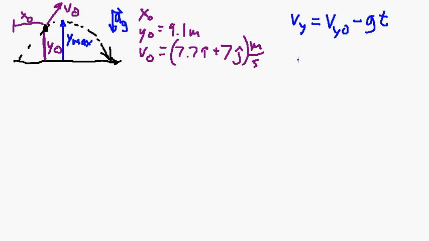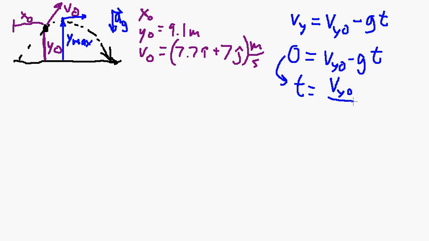We want to find, at y max, the velocity is going to be purely horizontal, because that's the way projectile motion works. As it comes up, when it reaches its peak, it's just going horizontally, so vy is going to equal 0 at that time. So vy naught minus gt equals 0, and the time when that happens is just vy naught divided by g.